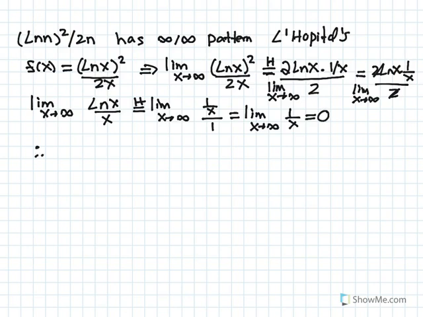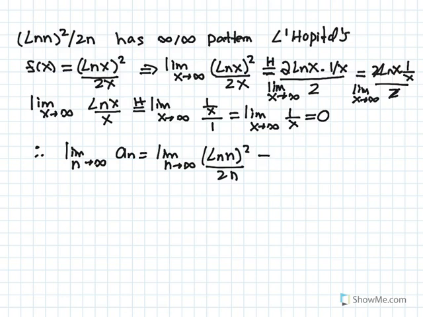So what we have shown is that the limit as n goes to infinity of a_n is equal to the limit as n goes to infinity of (log n)^2 divided by 2n. The limit of this sequence is 0, and we achieve this by applying L'Hopital's rule because we had the infinity over infinity pattern.